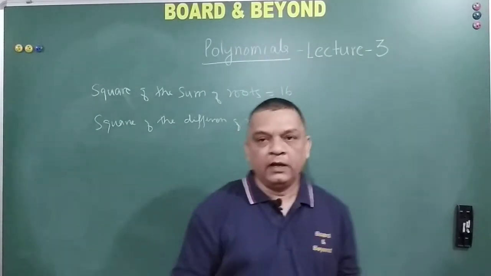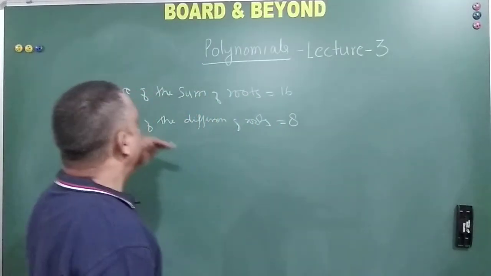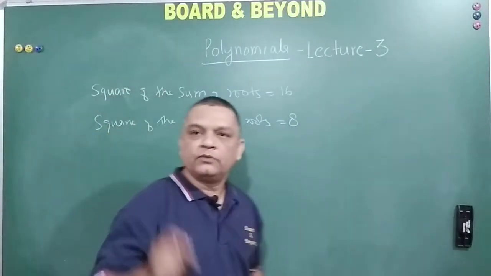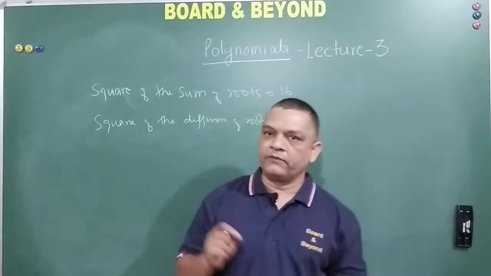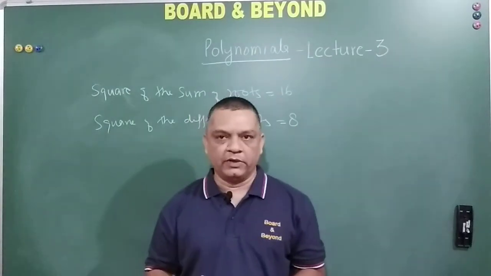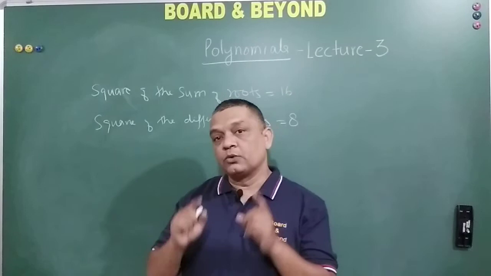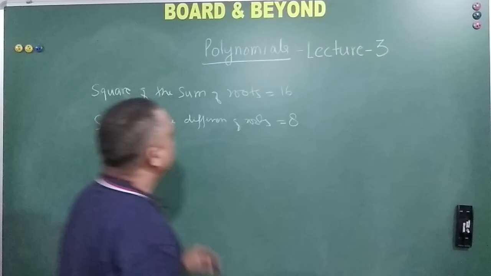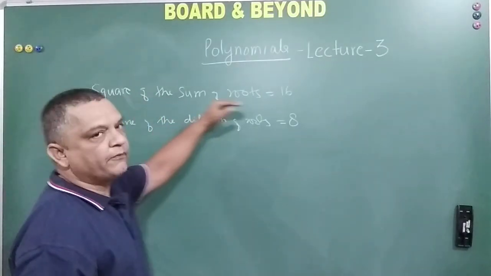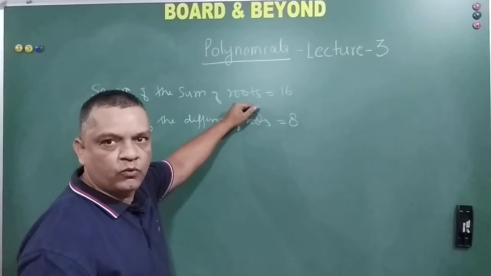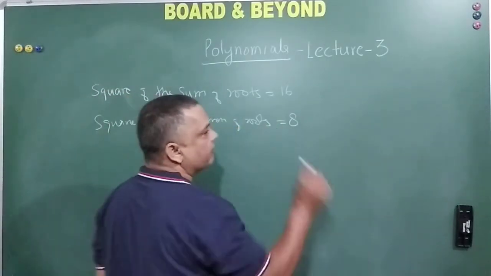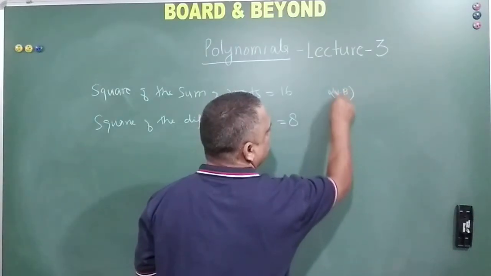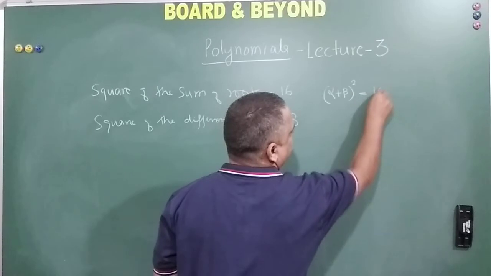Now, what does it say? We are expected to formulate a quadratic polynomial whose roots have this property. Square of the sum of roots is equal to 16, that is alpha plus beta whole square is equal to 16.